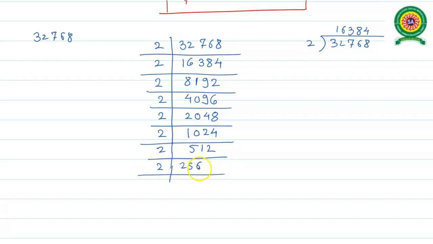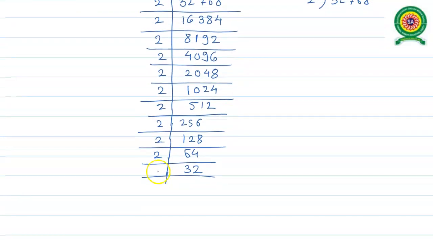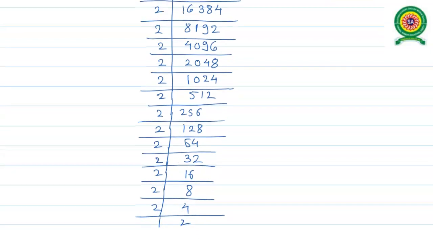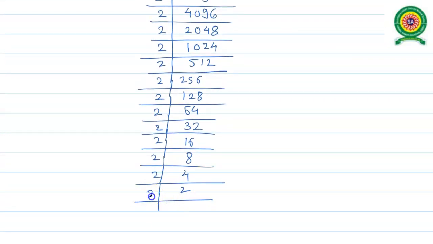Next, 256 is divisible by 2. 2 ones are 2, 2 twos are 4, 2 eights are 16. So ultimately 128 twos are 256. Now 64 twos are 128. Next, 32 twos are 64. Next, 16 twos are 32, 2 eights are 16, then 2 fours are 8, next 2 twos are 4 and at last 2 ones are 2.